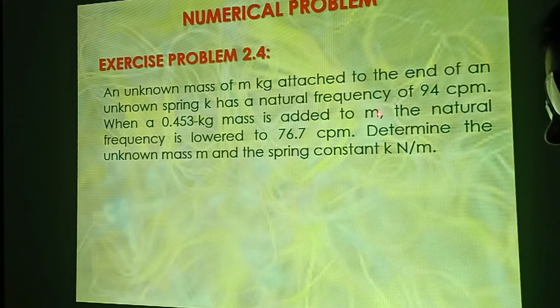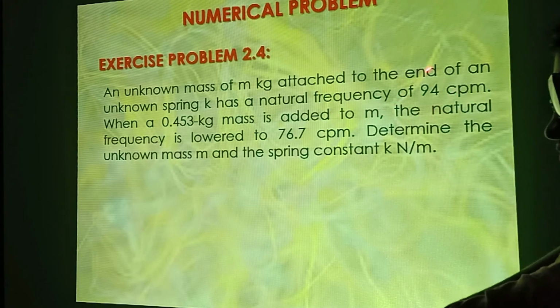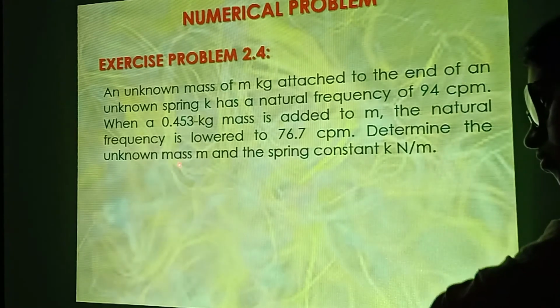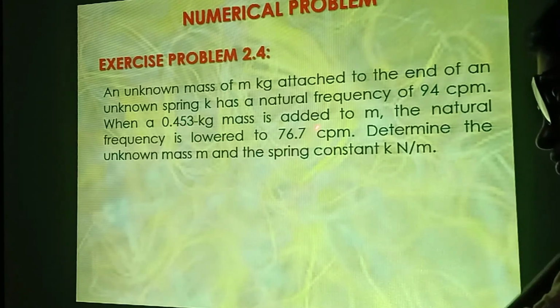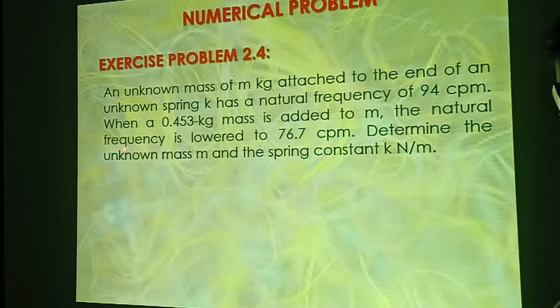So the value of mass and stiffness is unknown, the value of first natural frequency is known. When 0.453 kg mass is added to mass m, then the natural frequency is lowered to 76.7 cpm. So after adding a known amount of mass to our already given mass, we have a new natural frequency that is provided here. Determine the unknown mass m and the spring constant k.